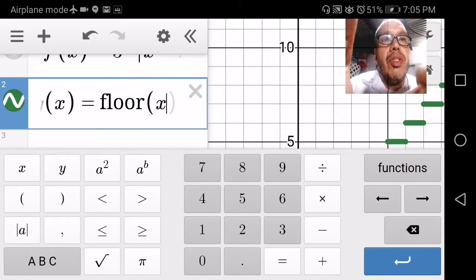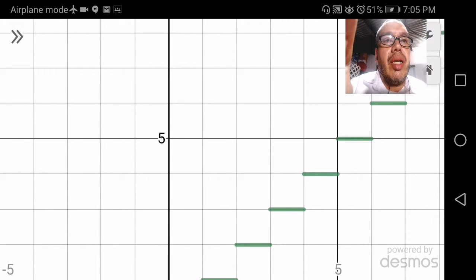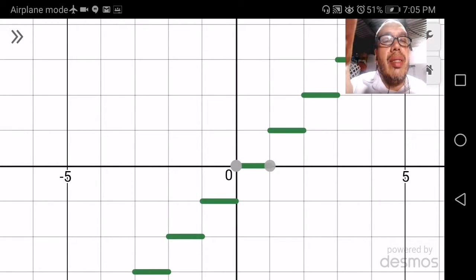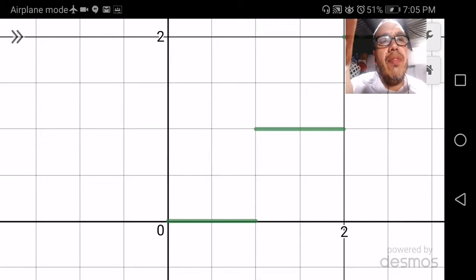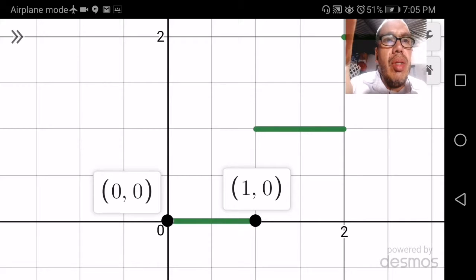And the floor function of x kind of looks like a staircase like this, and you might wonder, why does it look like that? Well, the reason for this is that the floor function does something very funny. If you have a value between 0 and 1, what it does is that it takes only the integral part of that number.